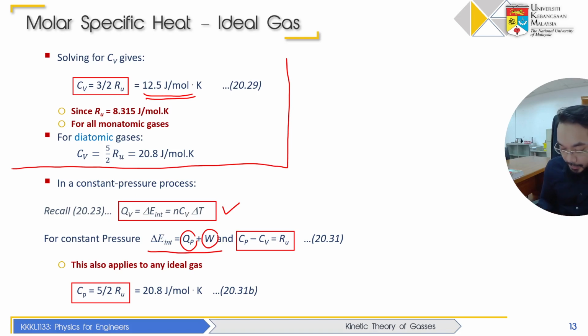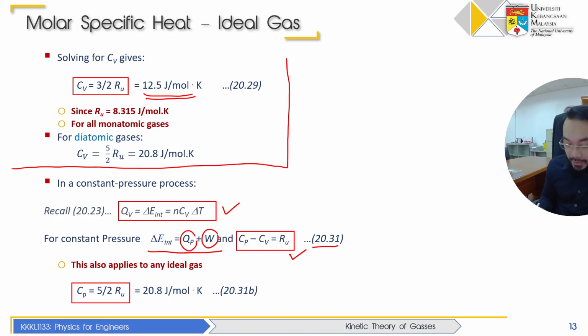When we do some mathematical analysis, which is shown in the book, if you're interested you can look inside the book, we come to a conclusion, equation 20.31: C_p minus C_v equals R_U.